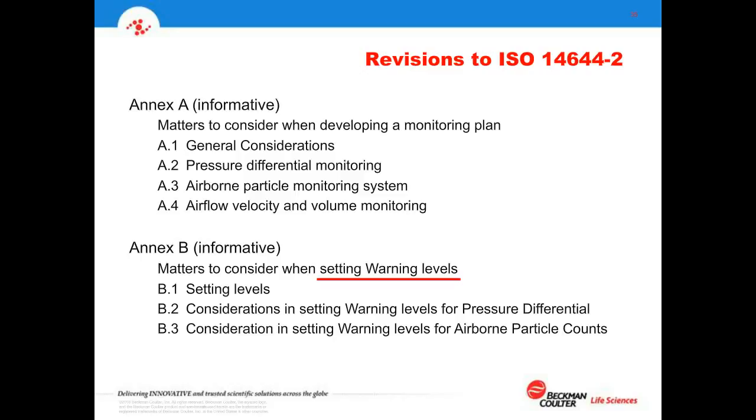It means you really need to spend time understanding the process in order to set these limits, because particle counts and pressure differential really are a different style of data set, you could say, compared to, for example, temperature or humidity in most rooms. Those are pretty steady, and you could say that they have an average value plus or minus a small amount, plus or minus 5% or something like that. Particle counts and pressure differential have more radical changes. So as you set alert and alarm levels, you need to think about that reality of that particular type of data that you're working with.